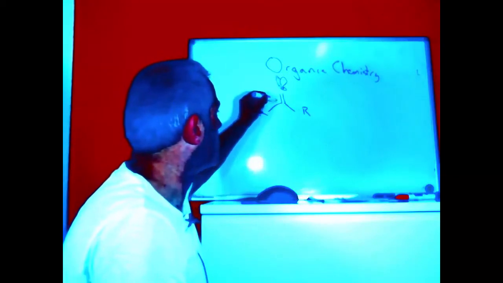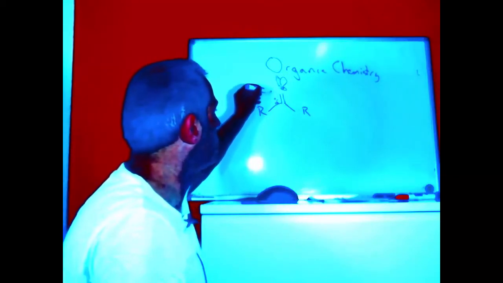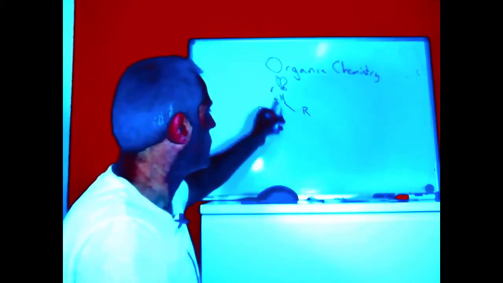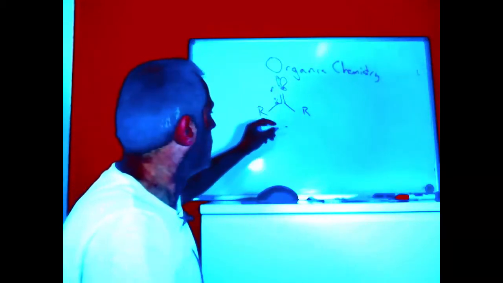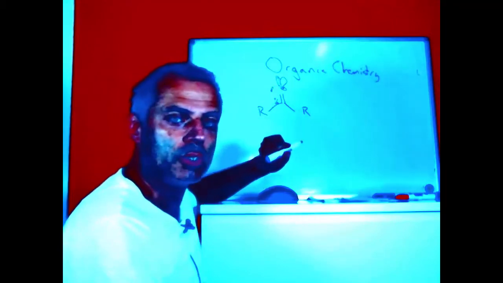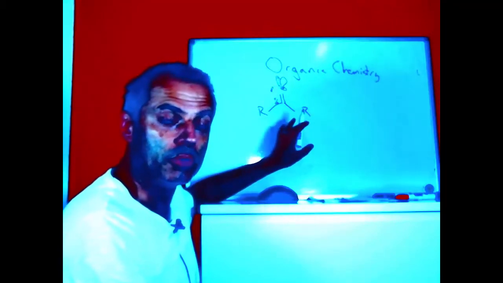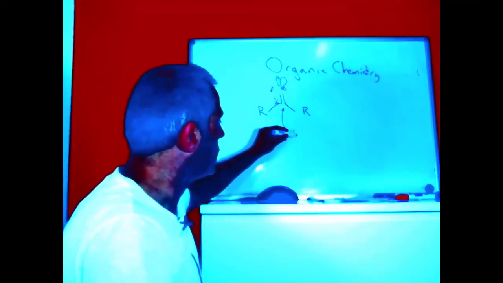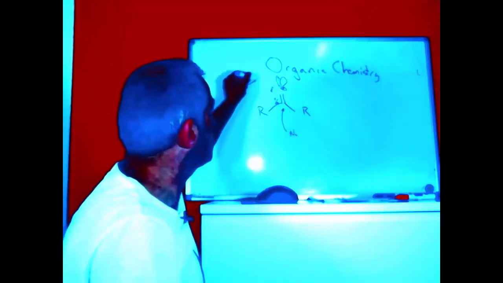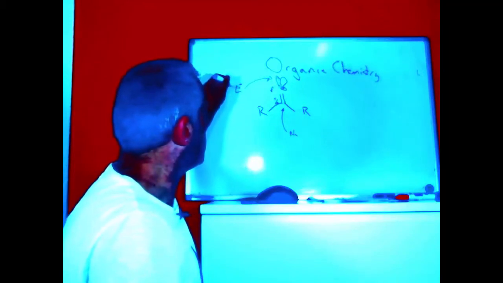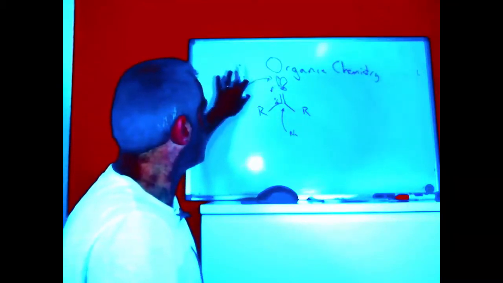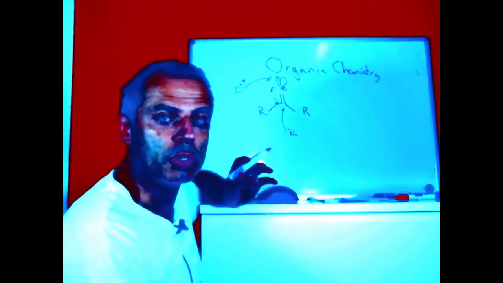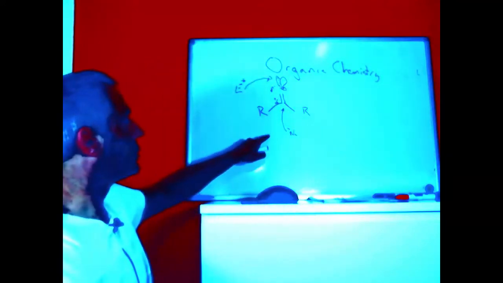This carbon has a very slight positive charge, and this oxygen has a slight negative charge, which polarizes this double bond, and that causes this carbon to be susceptible to nucleophilic attack. So if we have a nucleophile, it can come along there, and if we have an electrophile, that's E plus, it could too. A nucleophile can have a negative charge that makes it more likely, so that could come along from the top.